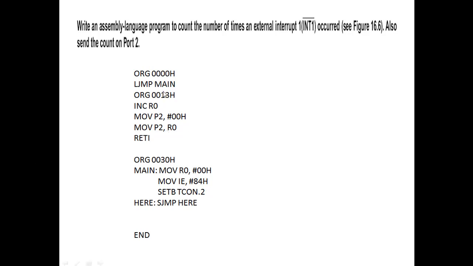So after the interrupt occurs, we immediately jump to this address, where our ISR, the interrupt service routine, is stored, and here it is written INC R0. The first time we come here, it will increment R0. R0 was initially 0000, so once we increment it, it will become 1.